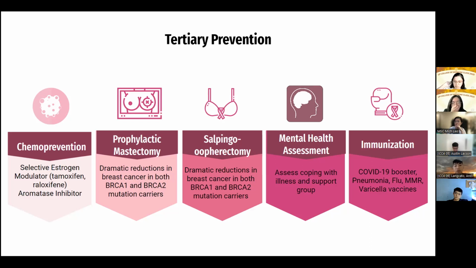That's really good news. But we should always note that the anatomy of the breast is not really encapsulated, and normal breast tissue can still be left in the chest area after prophylactic mastectomy, and breast cancer can still arise in those remaining tissues.